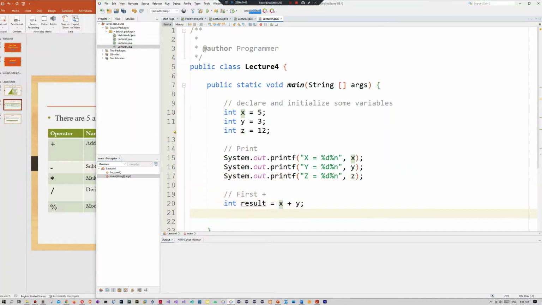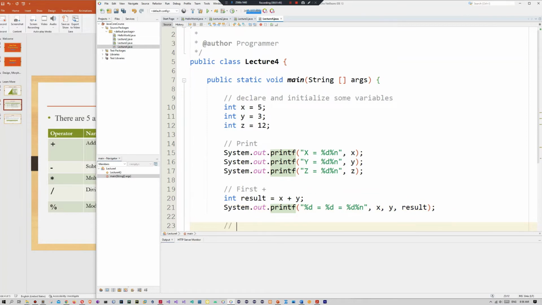Okay, now let's print the result. x plus y is equal to result.